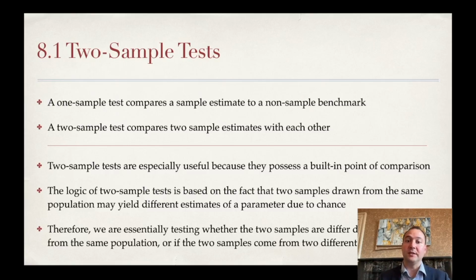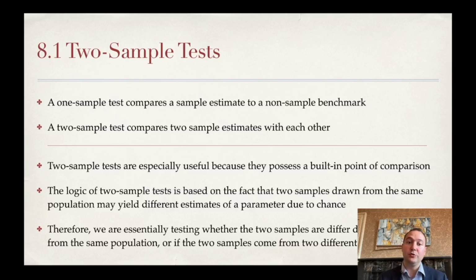Two-sample tests are especially useful because they possess a built-in point of comparison. In other words, we don't need to make an assumption or presume something about the population. In a two-sample test, we have two samples of data and we can directly compare them.